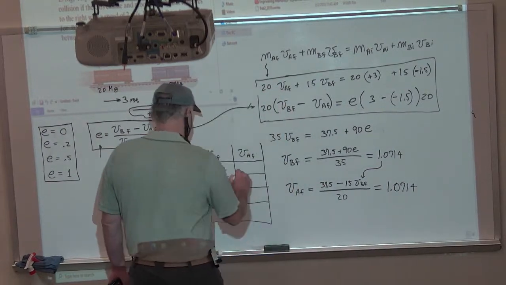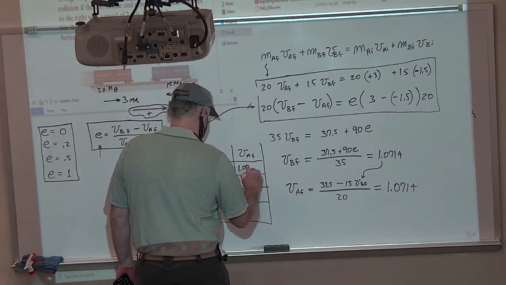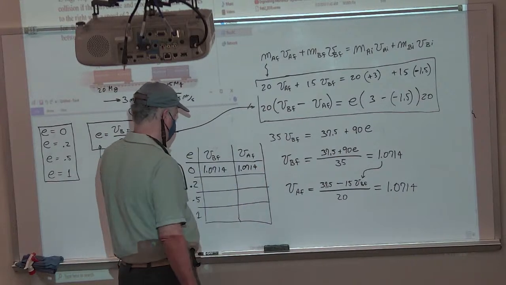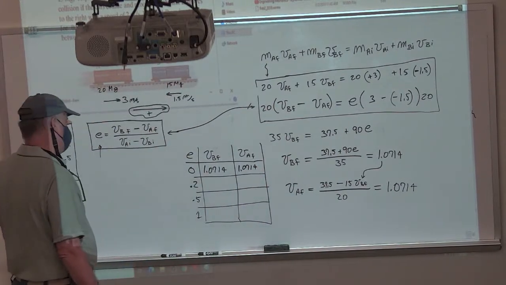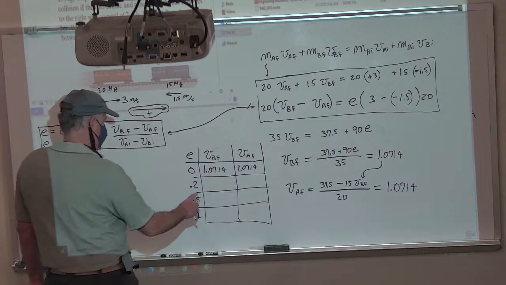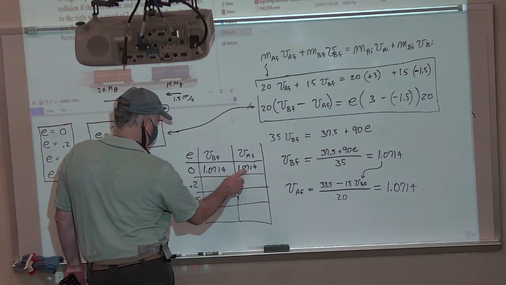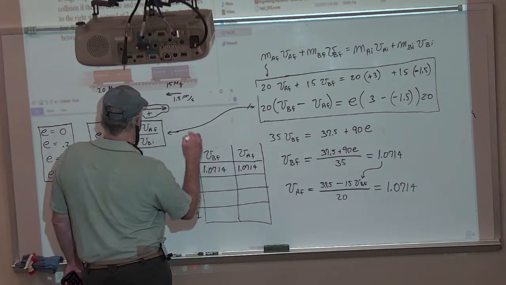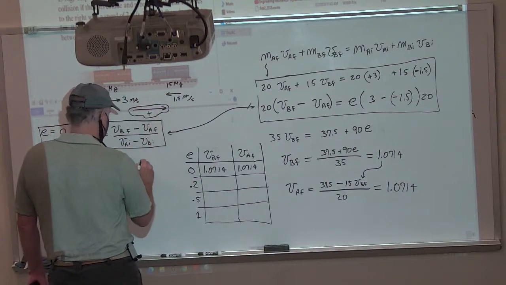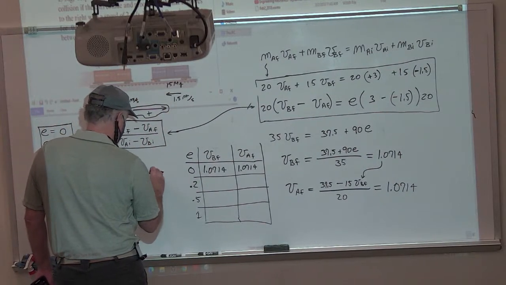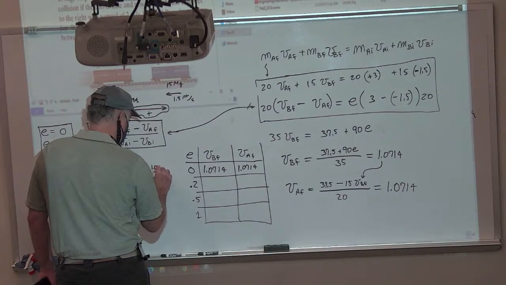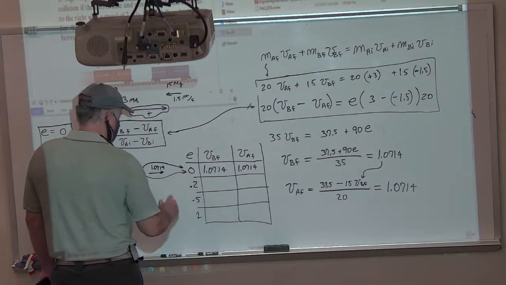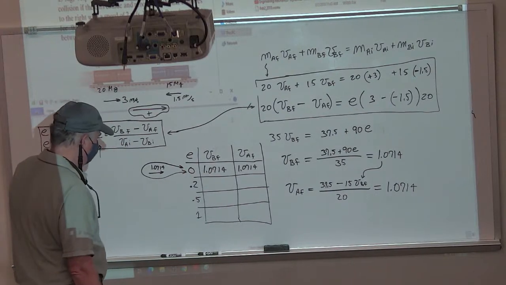So, notice something interesting here. I didn't make a mistake, by the way. These are both trains going to the right, the final situation. They're both stuck together. For E equal to 1, they are stuck together.